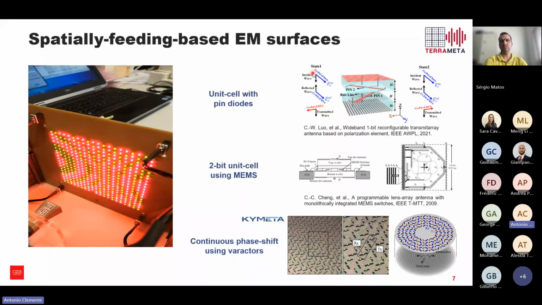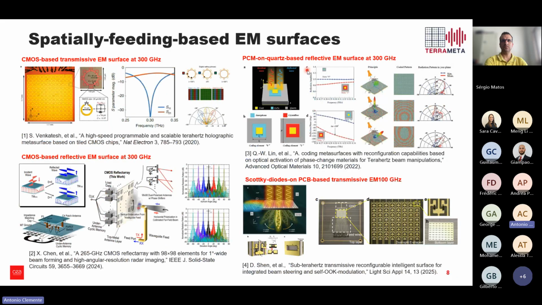But this classical technology can be used in the millimeter wave frequency band, and is very limited if you would like to go up in frequency to 300 GHz. If you look at the current state of the art, several technologies are studied today in order to generate reconfigurable intelligent surfaces at sub-terahertz frequency.